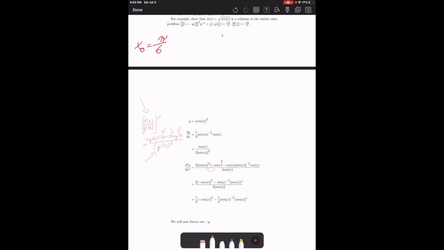So sine x times sine x, but one of them is raised to the 1/2, the other is raised to 1. So add together 1 and 1/2, and you get 3 over 2. Over here, we are going to multiply this cos x and this cos x to get cos x squared. And the sine x to the negative 1/2 will remain the same.